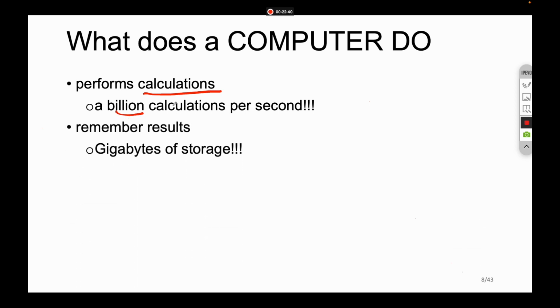And after you calculate something, the computer has the ability to remember the results. If your computer cannot remember, we will lose all the calculation, so it provides no meaning.